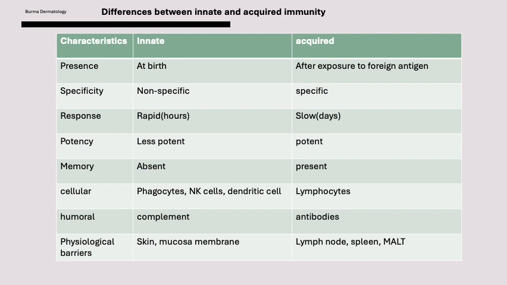For the humoral immune response, the innate immune system usually works through the complement system, but the acquired immunity usually uses antibodies. And the physiological barriers in the innate immunity are skin and mucosal membranes, and in acquired immunity, lymph nodes, the spleen and the mucosa-associated lymphoid tissues are the normal physiological barriers.